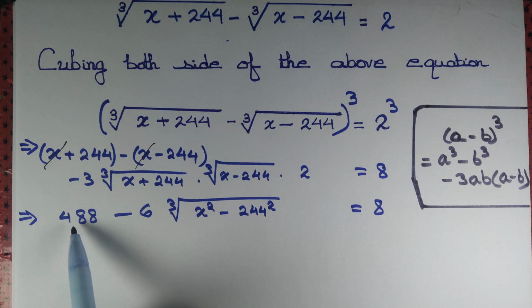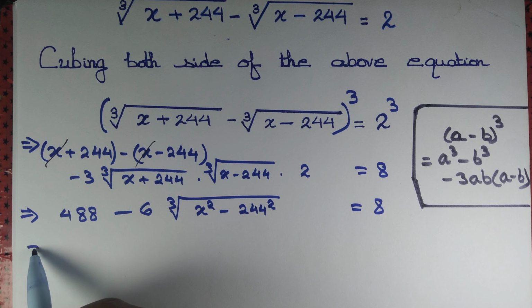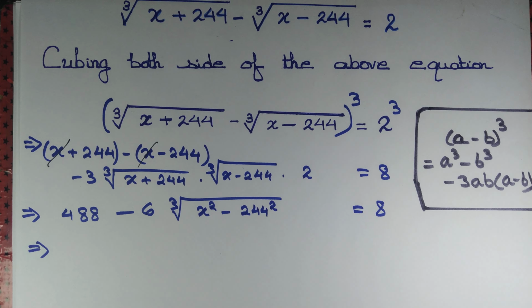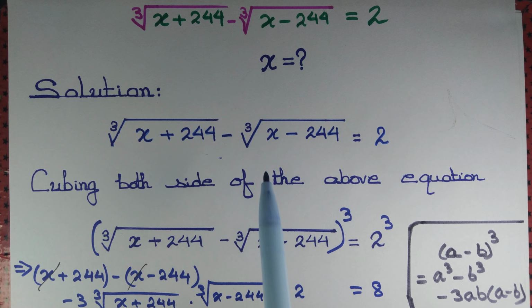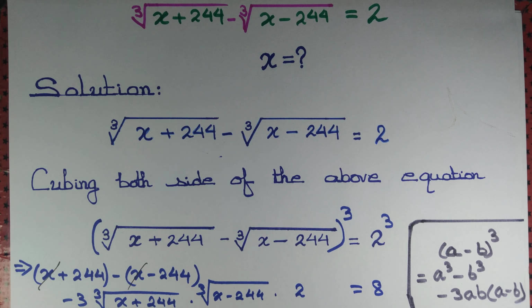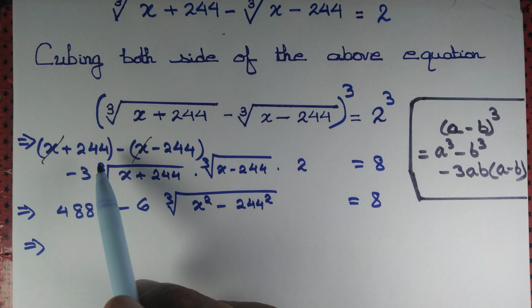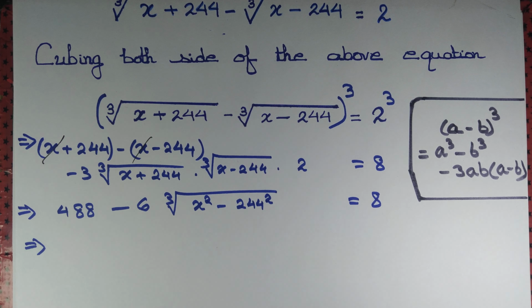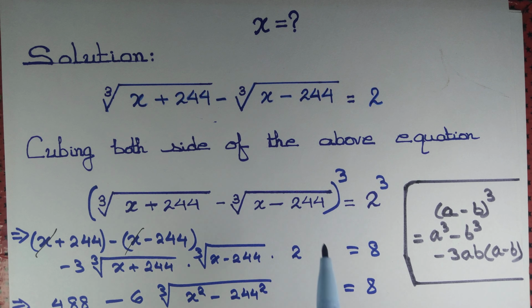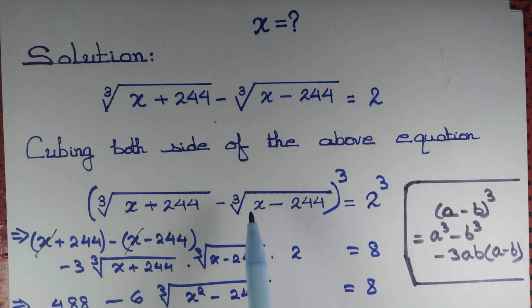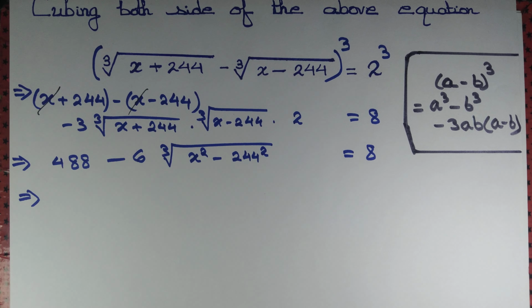Let's take 488 to the right hand side. So we had a much more complicated expression. However, just taking a cube simplifies our expression a lot. During the process, we noticed that instead of writing a minus b, the whole expression, we just wrote 2. So we got a much simpler expression.